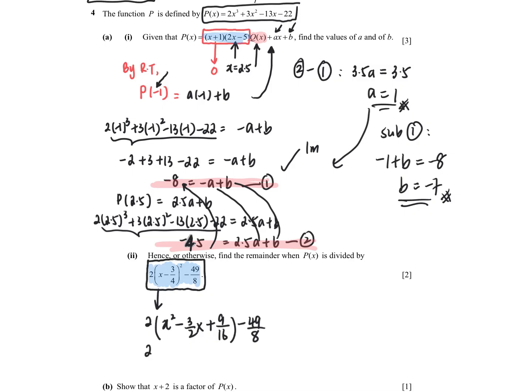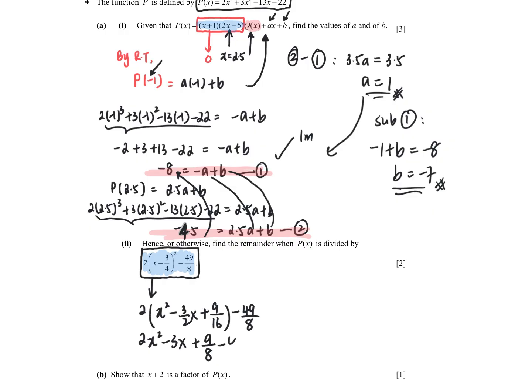Go and expand this thing out. So you end up having 2x squared minus 3x minus 5.